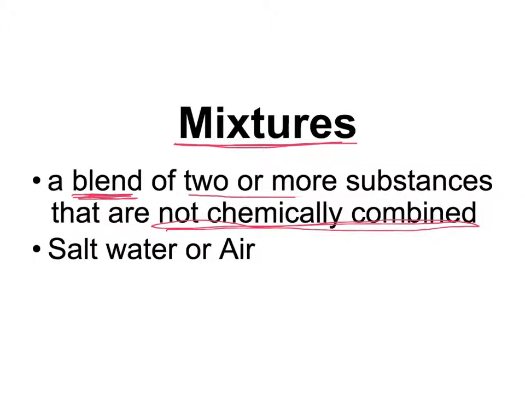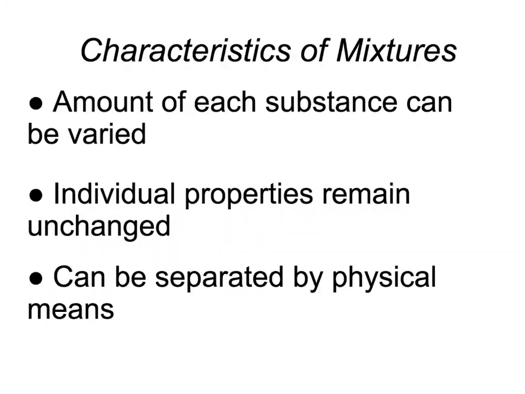And they need two or more substances to be considered a mixture. An example of a mixture is salt water or air, and both of these things can be broken down into their constituent materials by some type of physical means.